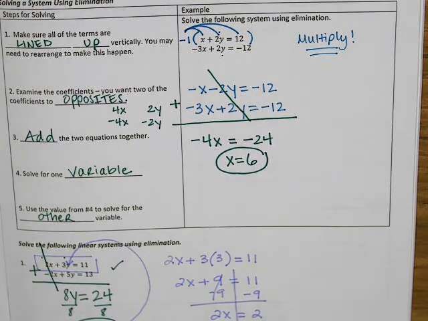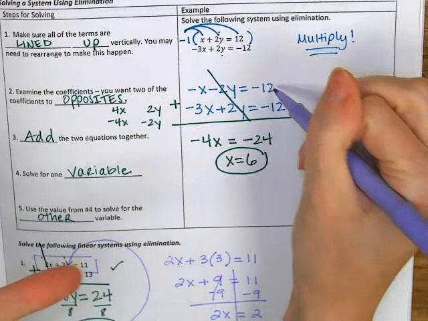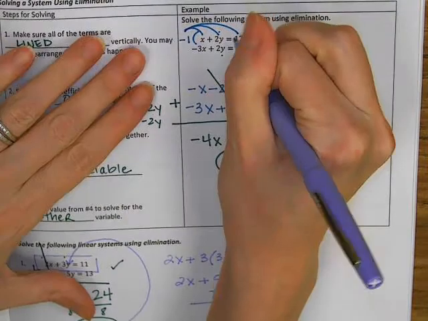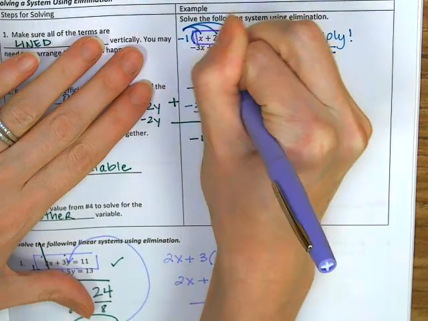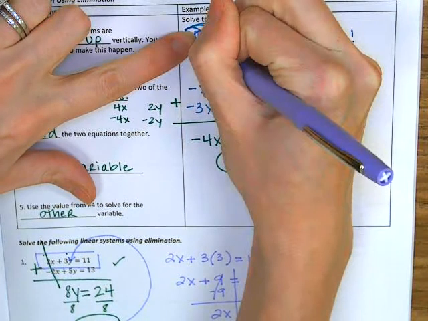Now take that 6 and plug it back into one of the equations. It could be one of the originals or it could be one of the new ones. Doesn't matter. I'm going to pick this original one here, and we're going to plug in x is 6.